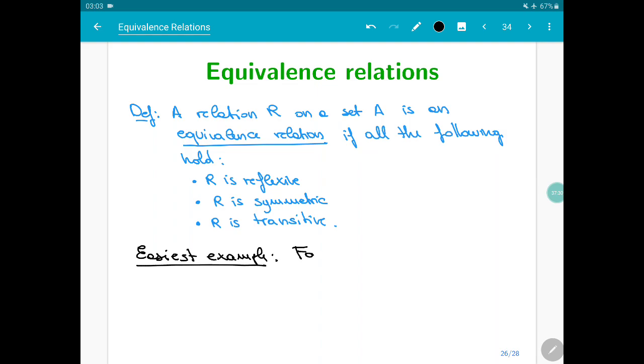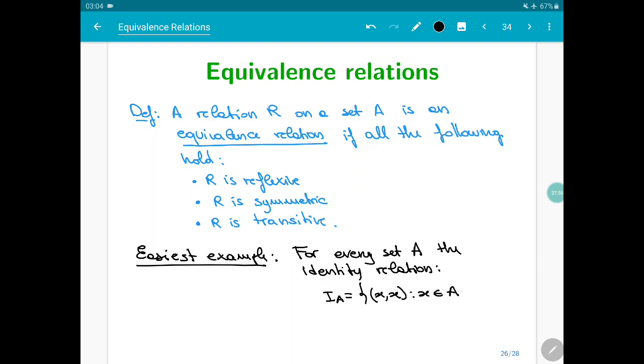For every set A, the identity relation I_A = {(x,x) such that x belongs to A} is an equivalence relation.